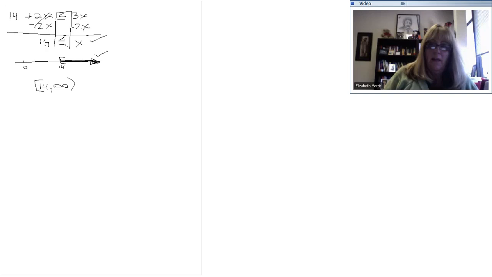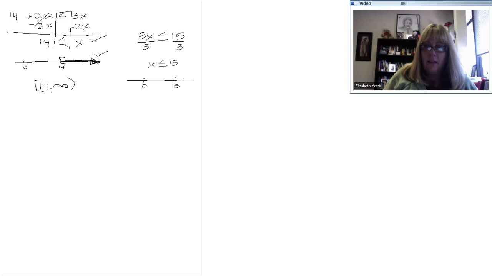All right, what if I had 3x is less than or equal to 15? Same thing. This time I just need to get rid of whatever's in front of the x. So I have to divide because it's being multiplied. So I get x is less than or equal to 5. Same thing. Here's 0. Here's 5.